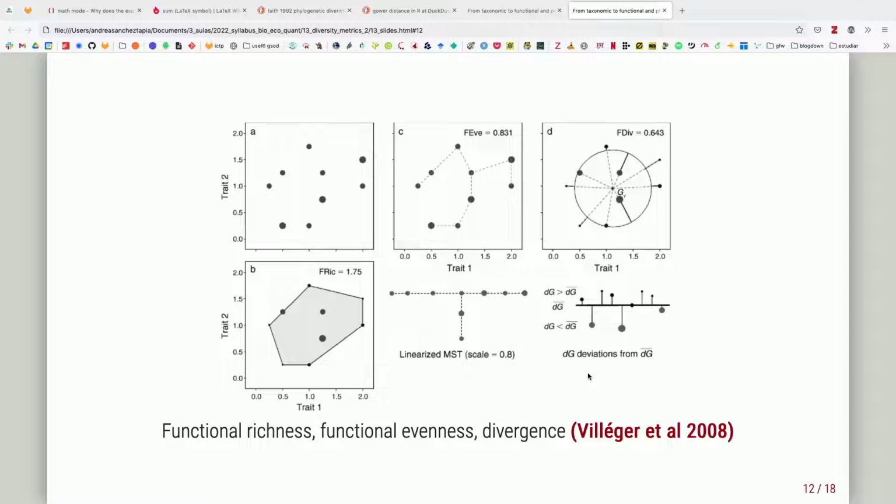It was super used to analyze functional diversity, but since it's a mostly graphic method, it depends a lot on which traits you measure, how you measure them, and it has no way to go back to taxonomic diversity in a way that is a similar framework. But this is calculated in the FD package, in R, functional diversity.